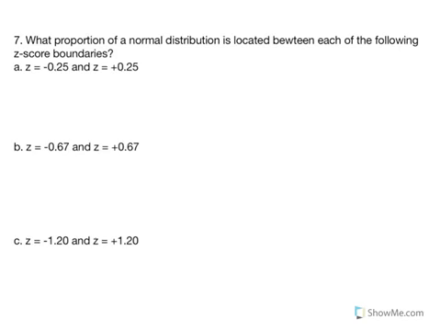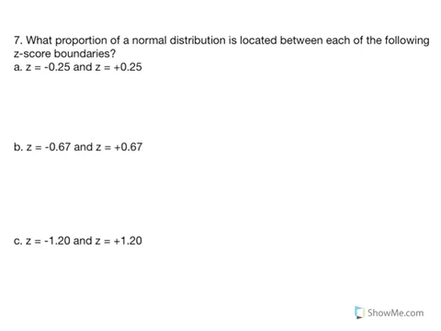Number 7: what proportion of a normal distribution is located between each of the following z-score boundaries? So we're going to draw this out. Again, it's essential that you draw your distributions in this chapter and from this point forward, so you get a sense of what you are looking for and you don't make careless mistakes of reporting the incorrect proportion.